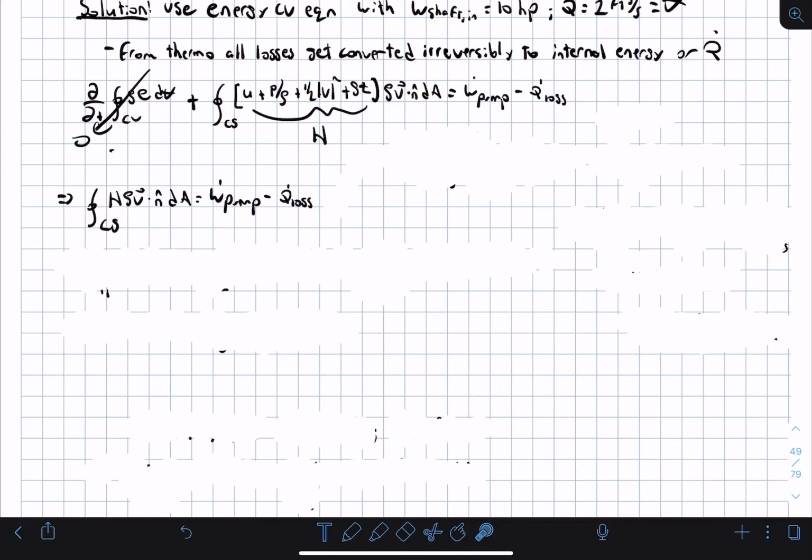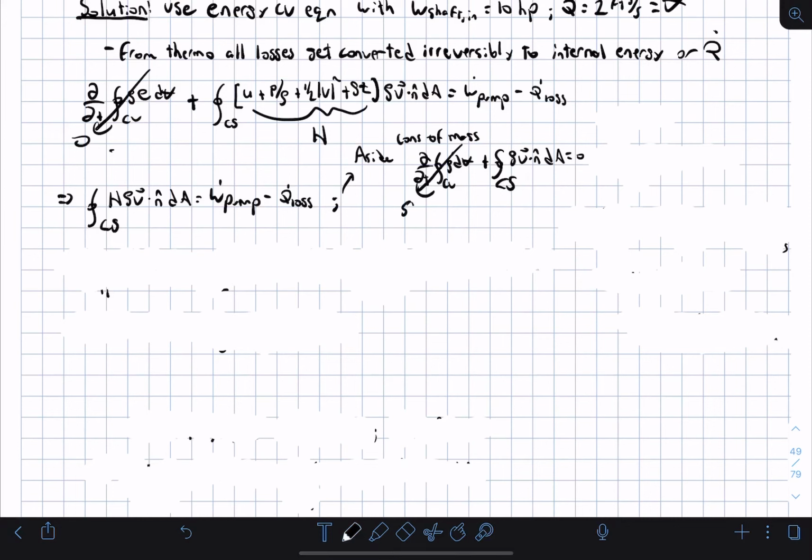So first, I'll do a little aside here, just on conservation of mass. If we're to use conservation of mass, that'd be partial t of rho dV over the control volume plus the integral of rho v dot n hat dA. That'll be equal to 0. This is steady, so the time derivative goes away.